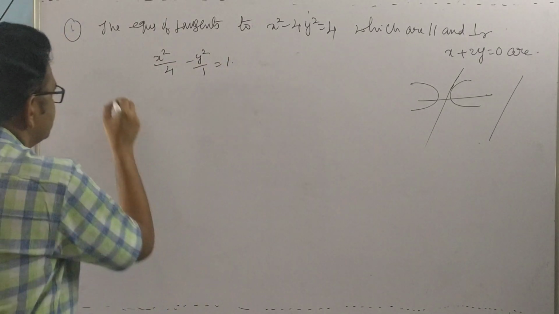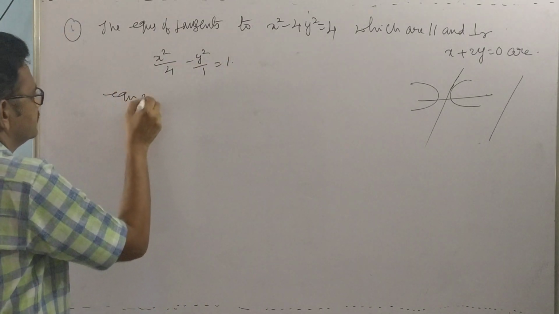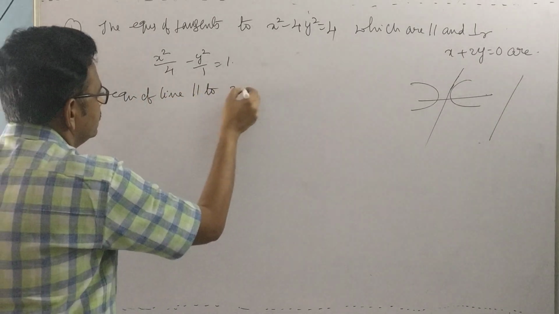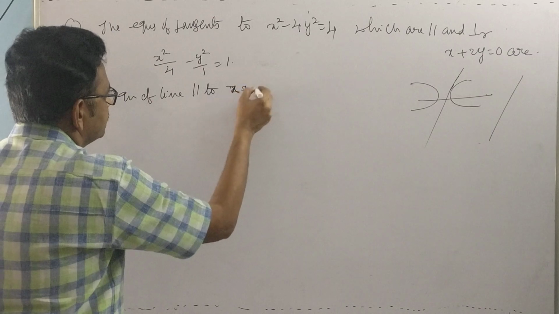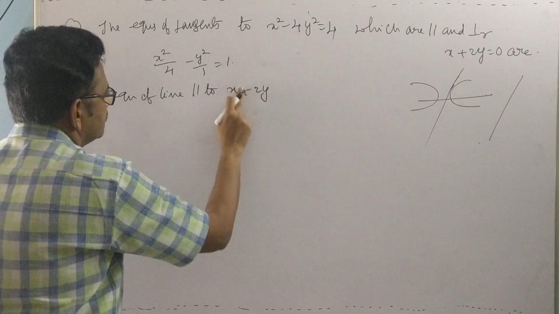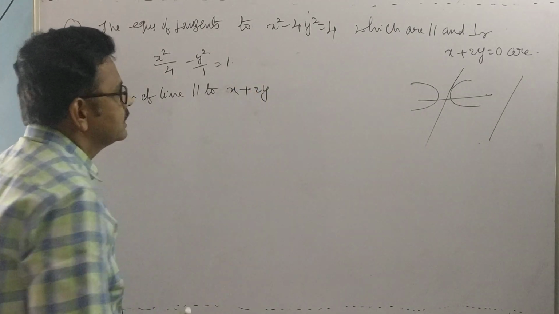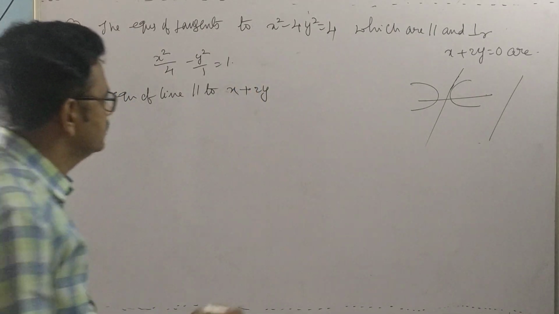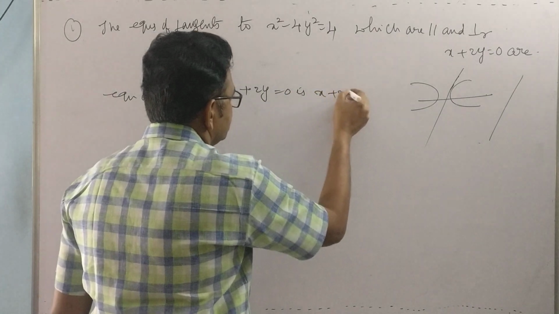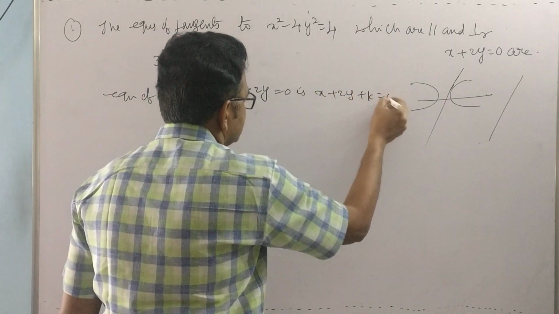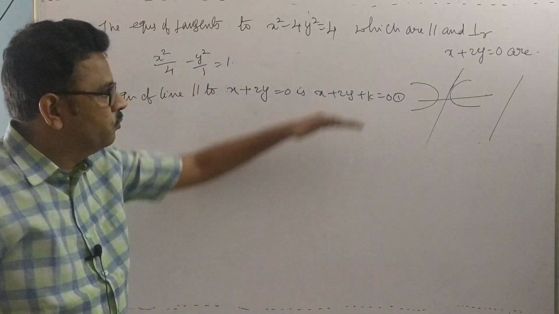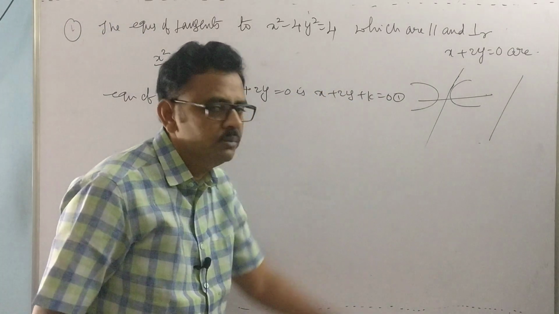Now the equation of line parallel to x plus 2y equal to 0 is x plus 2y plus k equal to 0. Call it 1.